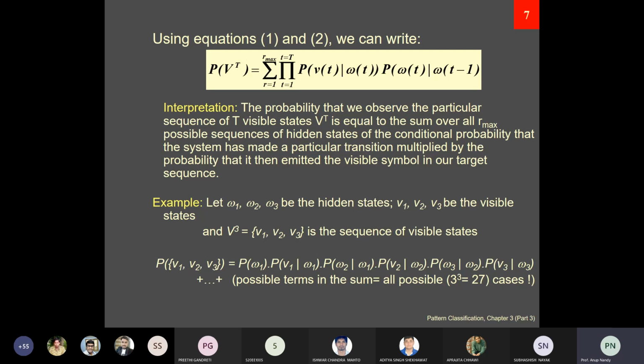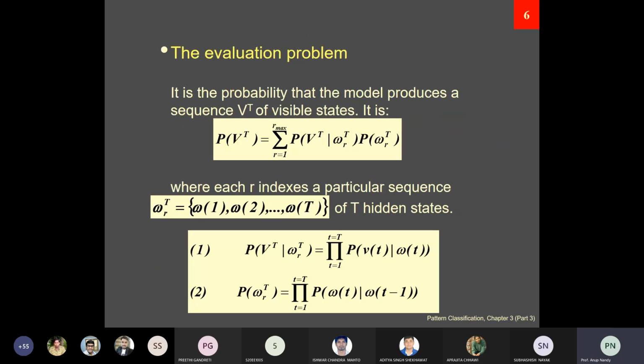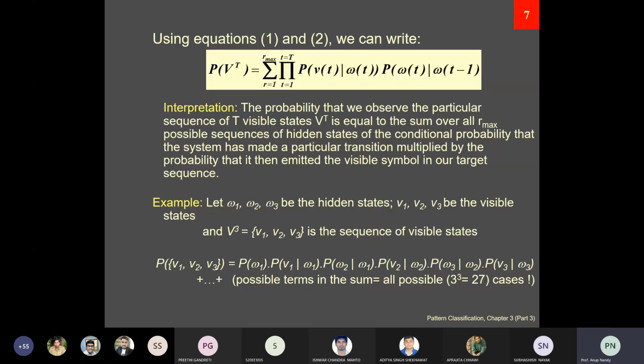Now using equations 1 and 2 that you have computed, for computing the probability of VT, this PPT is from the Duda book. These equations can be written in this way.